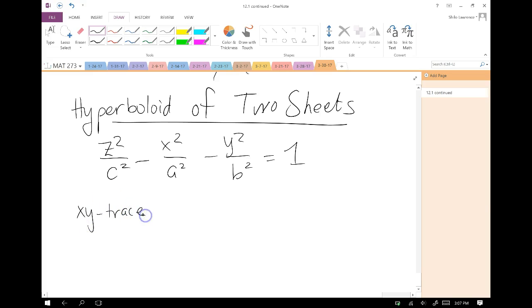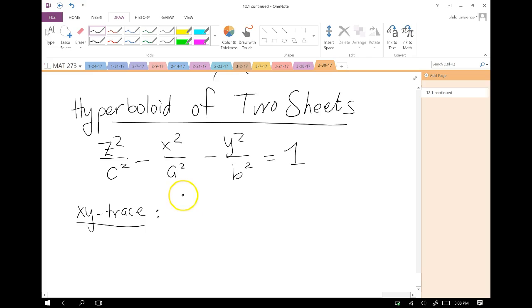If we let Z equal 0, I've got negative x squared minus y squared equals positive 1. Mathematically, that doesn't even make sense. But if we let Z equal a constant, make it equal to 2, we would subtract it over, and then it would be negative 1, and then we would multiply everything by a negative 1.